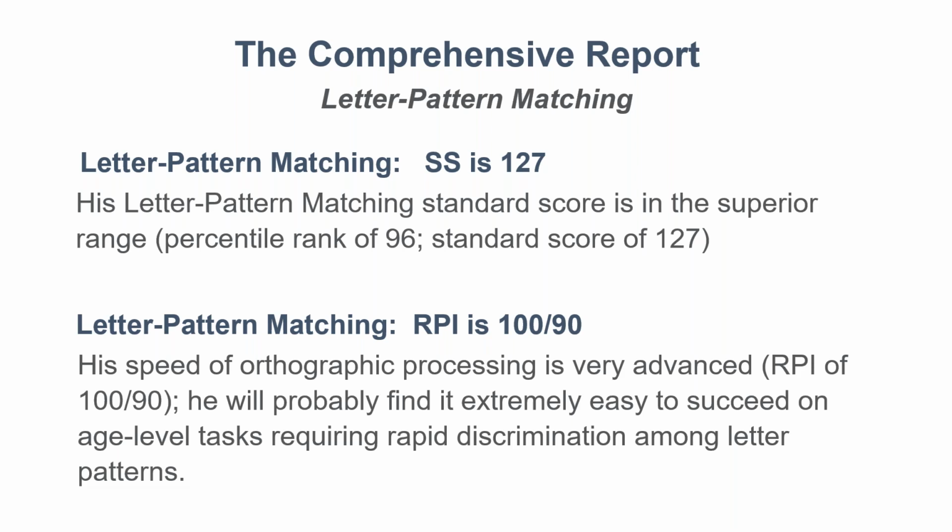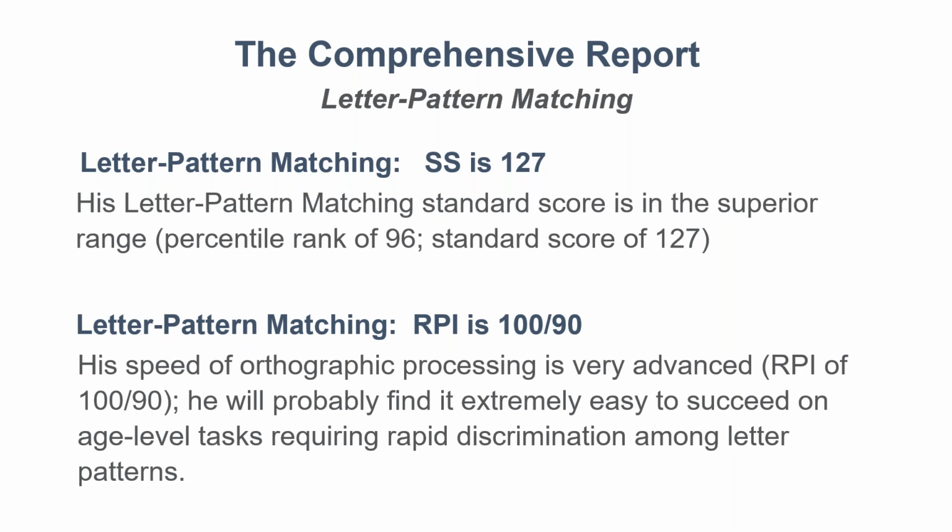So there's a letter pattern matching, looking at standard score interpretation versus a letter pattern matching RPI. So this child had a standard score of 127 and an RPI of 100 over 90.